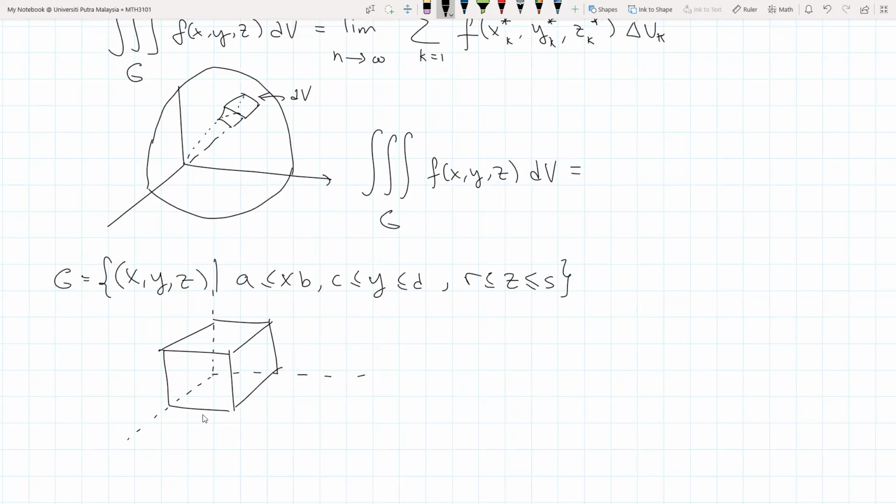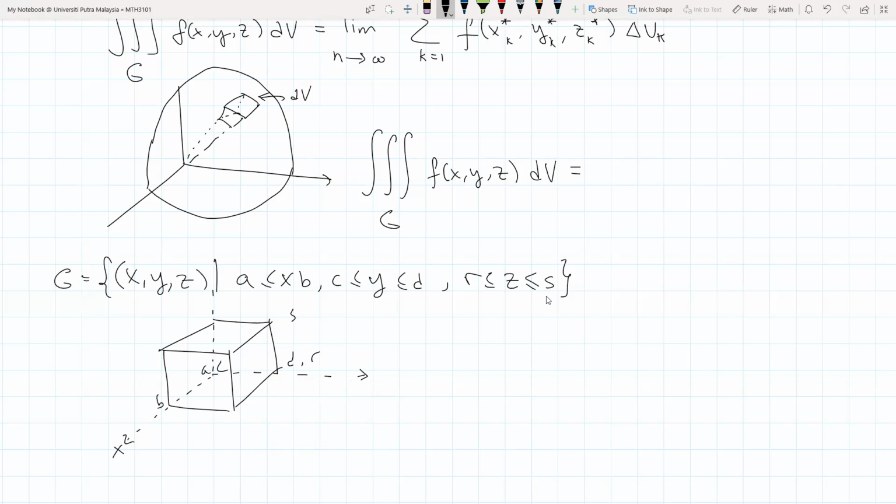This is A to B in the x-axis, C to D in the y-axis, and R to S in the z-axis.